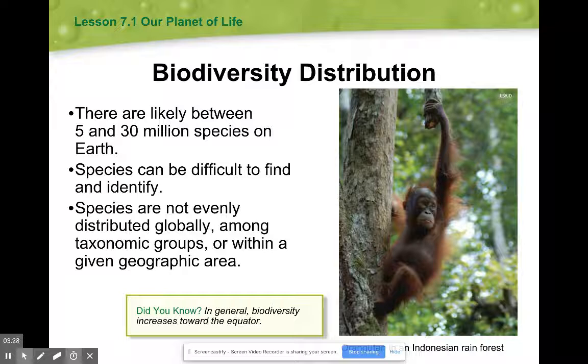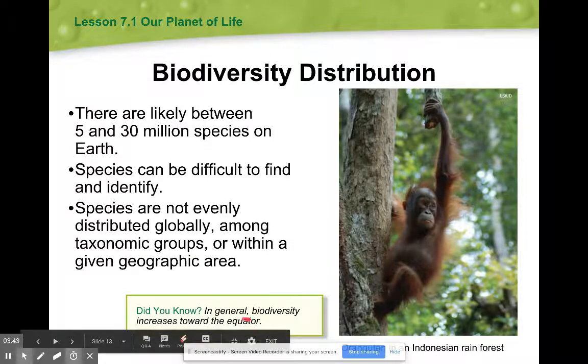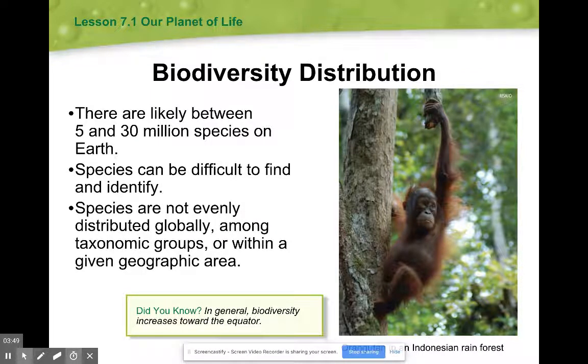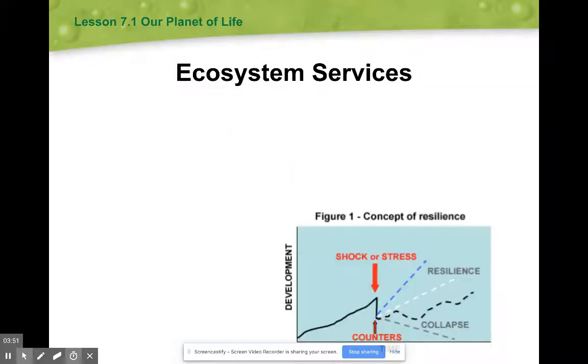We're losing them every day, and it's important to find these different types of animals because when there's more organisms in an area, when there's more biodiversity, the ecosystem's healthier. And what we have noticed is that the closer we are to the equator, given that there's more water and higher temperatures, that's where we expect to see the most biodiversity. And why biodiversity is so important is because the ecosystem actually provides services for us.